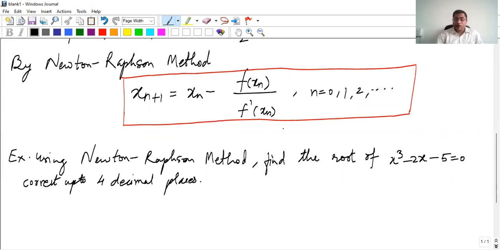So remember this, our accuracy is at least 10 raised to minus 4. That is the accuracy you need to work with.